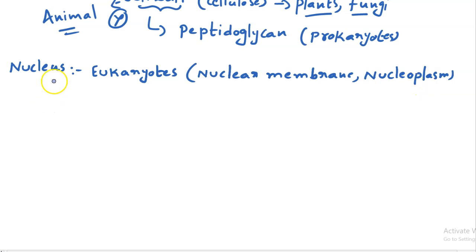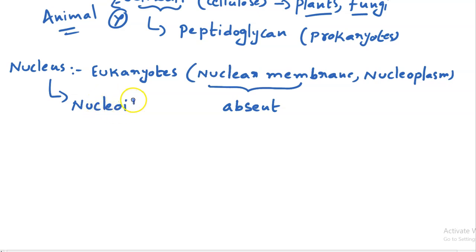But a special nuclear membrane is absent in prokaryotes. It is present in the form of nucleoid in prokaryotes.